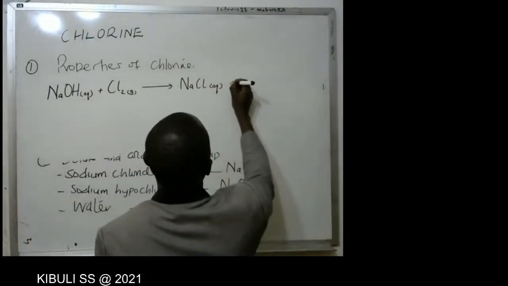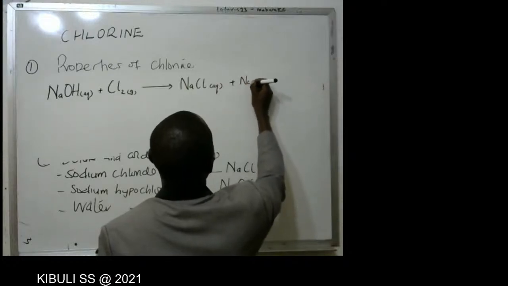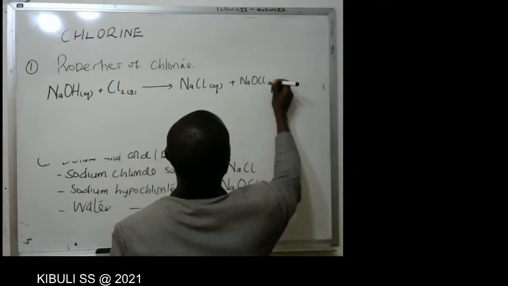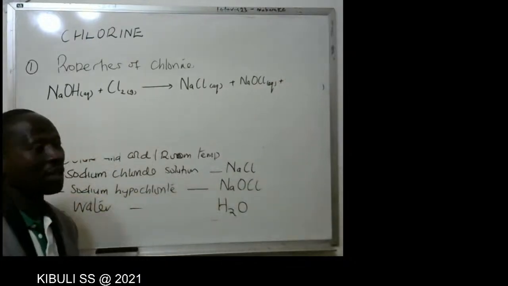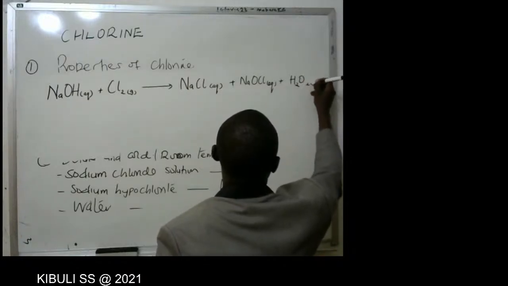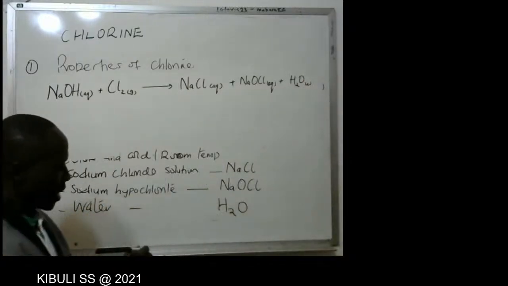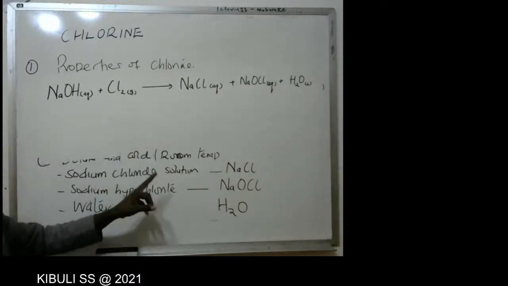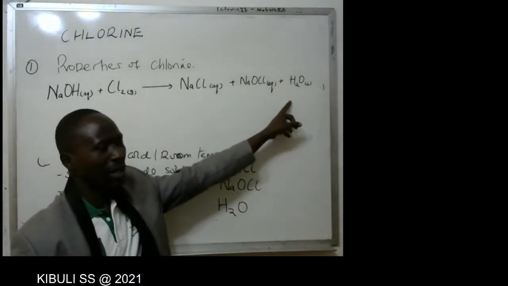Sodium hypochlorite, which is NaOCl. It is also aqueous. What else has been given out? Water. That is a liquid. The letters are not connected and they are not bad symbols. So what's the name of this one? Sodium chloride, sodium hypochlorite and water.